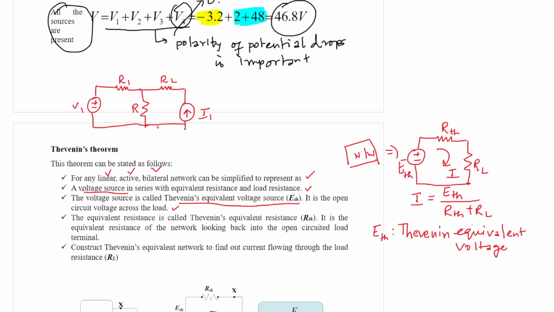So this is the voltage source. Now we want to measure the current flowing through this resistance R. The first step is to remove your R to make it open circuit. So let me draw that. This is voltage source V1, then we have R1, then we have R2, then we have a current source I1.